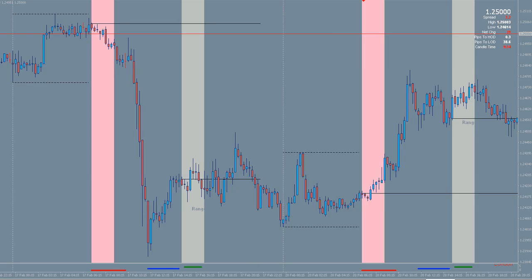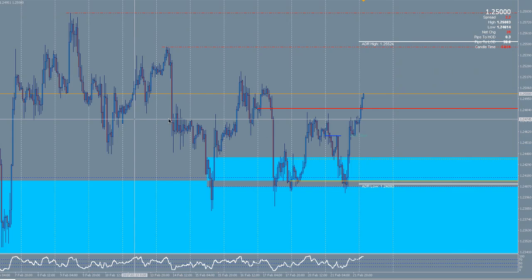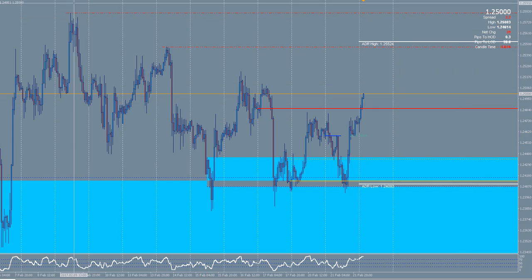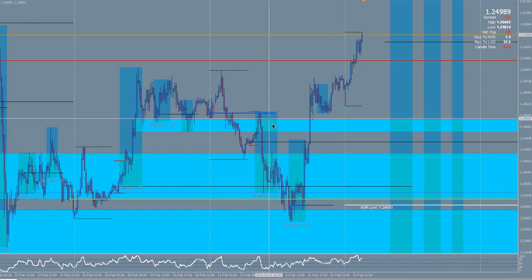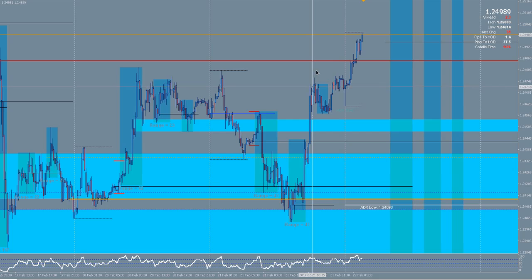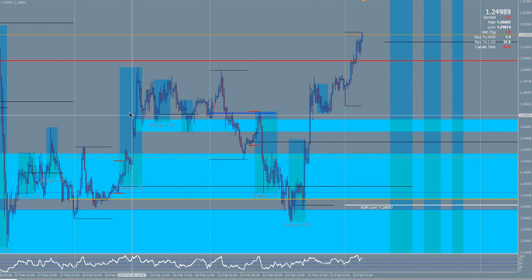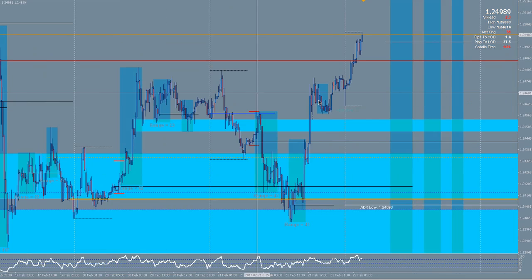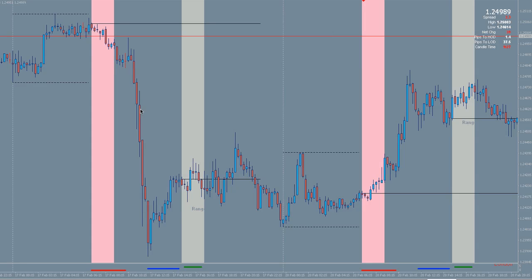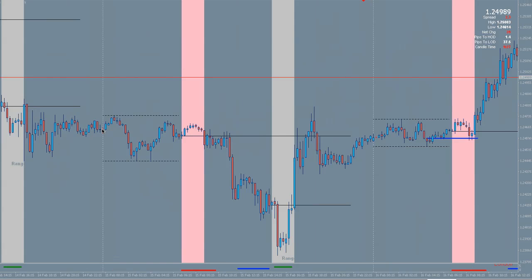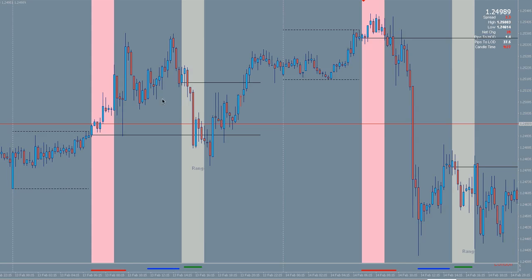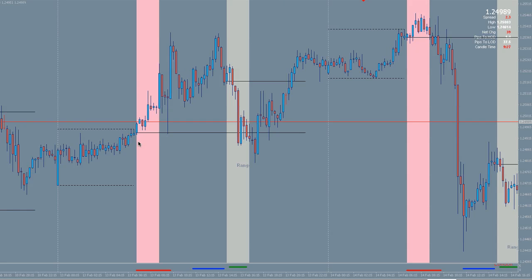Because when you've got them as a small box, then they go like a line anyway, and when they're not being used, which is really annoying, I find. And also the box grows as price grows, and with the lines, it's more of a zone, so it's really handy.